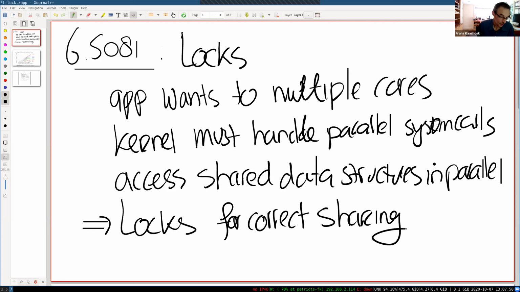Now this is in some sense a little bit of a bummer, because we want this parallel access. We want to run multiple system calls in parallel on different cores. But unfortunately, if they share the data structures, they need locks, and locks serialize operations. And so, in fact, locks in the end can limit performance.